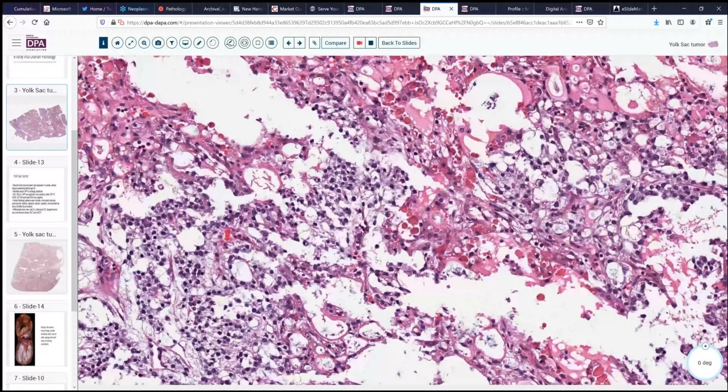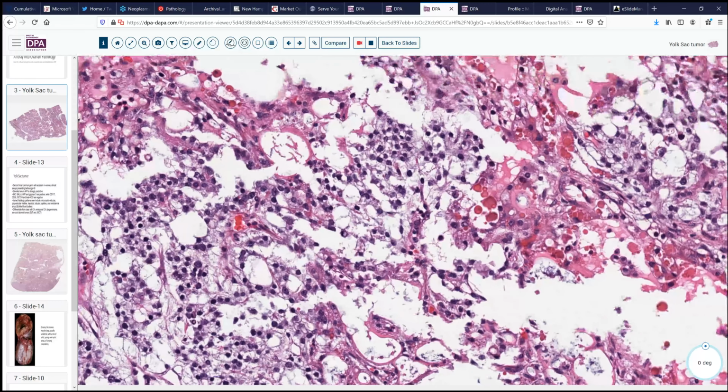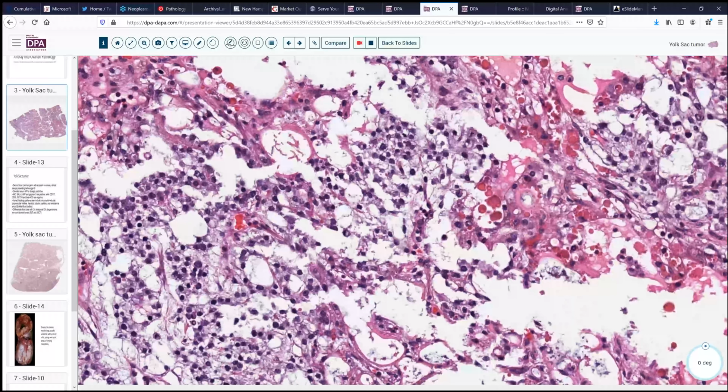There's a degree of vacuolization to the cytoplasm in many of the cells. The nuclei are somewhat hyperchromatic and maybe mildly pleomorphic, although not terribly so. There are a few larger cells here, and the predominant population is fairly condensed, dark, reasonably small nuclei.